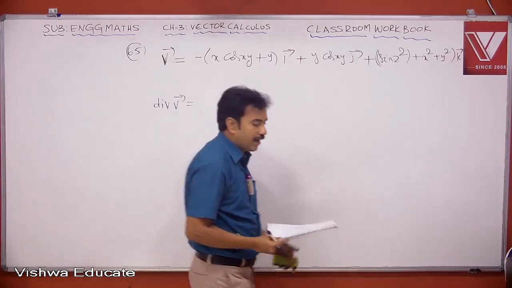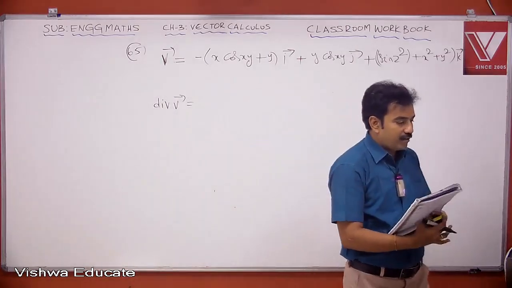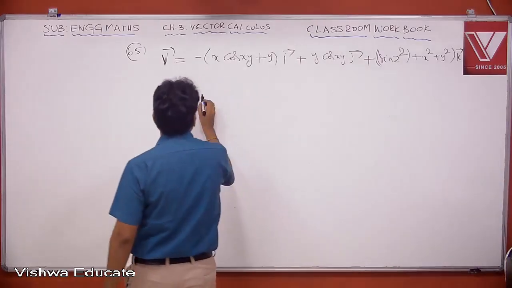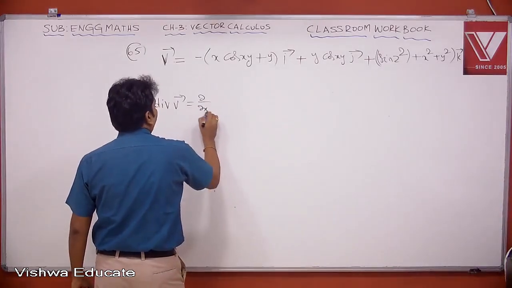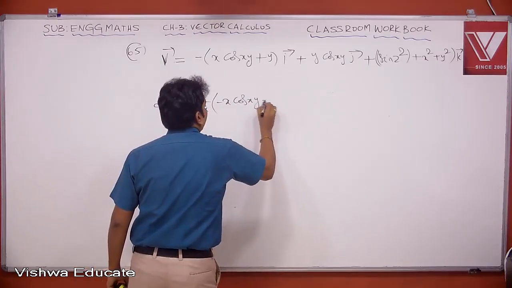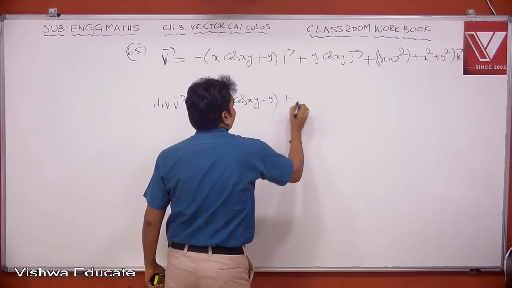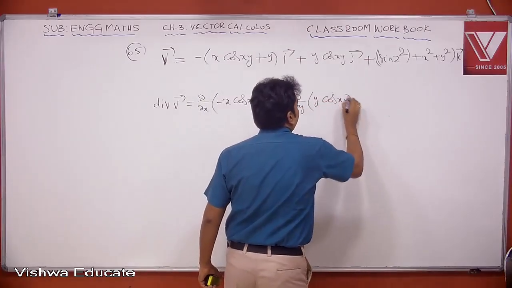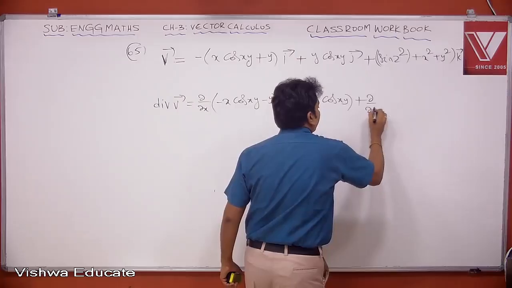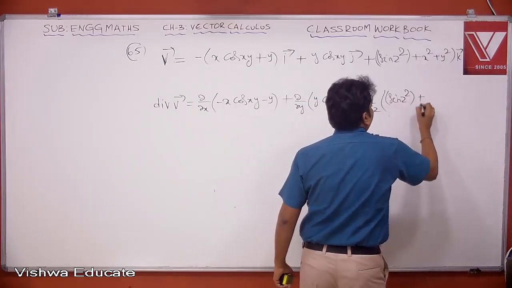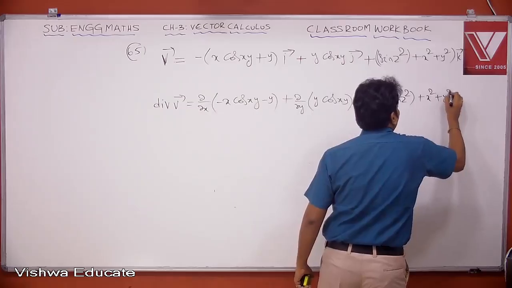So we need to find the divergence of this vector. Now this is just like the previous one. So the divergence of V bar is dou by dou x of the i bar component, this is minus x cos xy minus y, plus dou by dou y of y cos xy, plus dou by dou z of sine of z square plus x square plus y square.